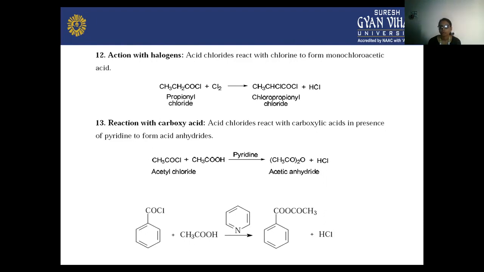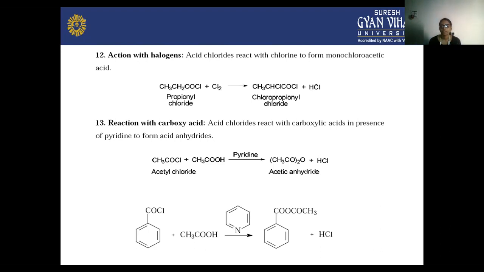So in this reaction with halogen, the acid chloride is reacting with the chlorine, and there is a formation of monochloroacetic acid here.